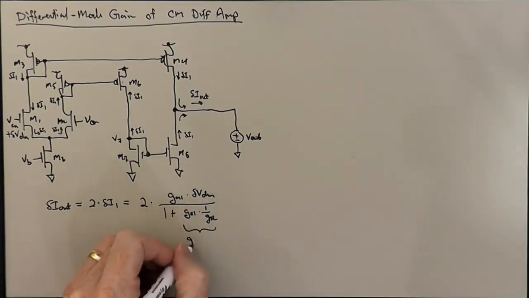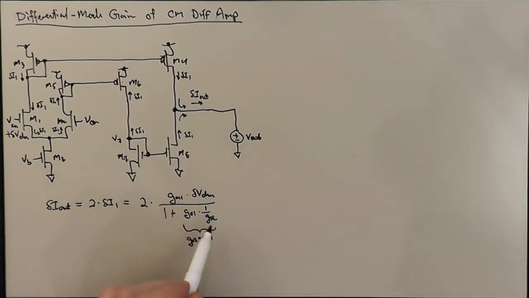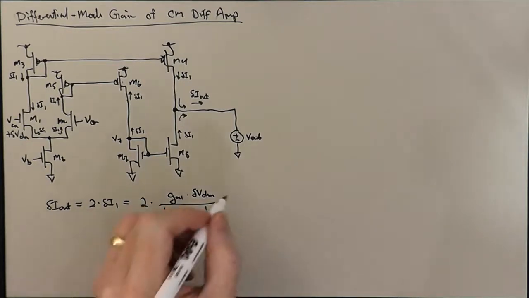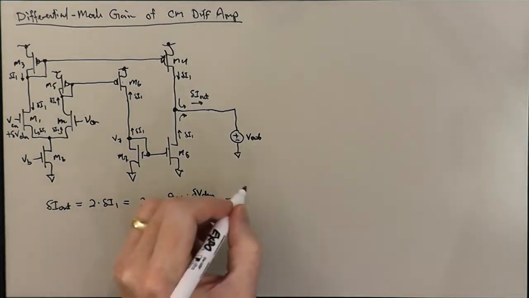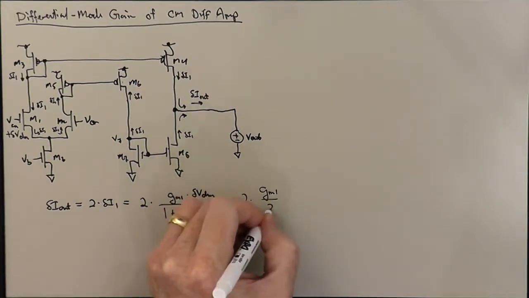But GS2 equals GS1, and so this will just cancel and become 1 plus 1. So this is equal to 2 times GM1 over 2 times delta VDM.